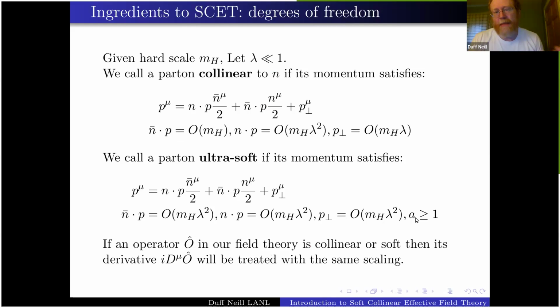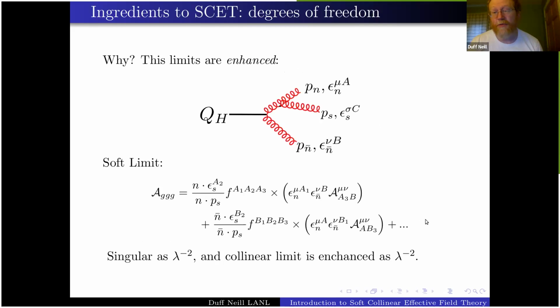And that would be an example of a matching calculation that you would want to go and perform to check that you do have all your modes. And so if I was missing something about my soft mode, then I would find that when I did this sort of matching between the two processes, I would get something that's still singular in that lambda goes to 0 limit.